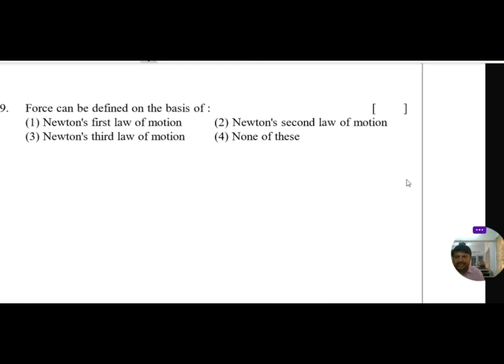Let's go to the 49th. Force can be defined on the basis of what? Newton's first law of motion gives the concept of inertia, and when net force is equal to 0, what happens to the body? Newton's third law of motion is related to the pair of forces.